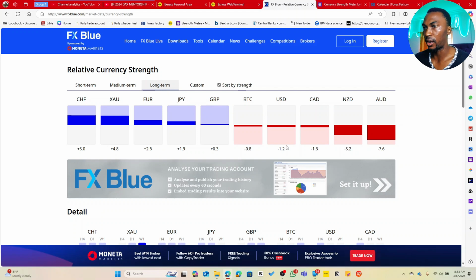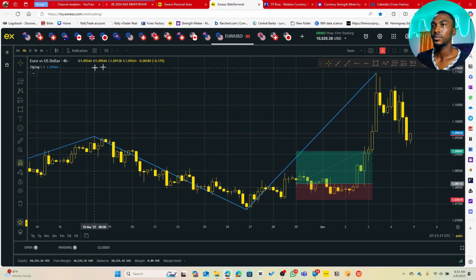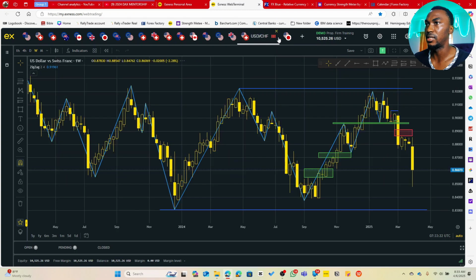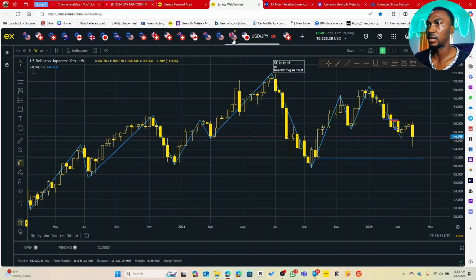You can see that they are not so far away. So you should be especially careful with this one. This you can actually release a little bit of care, and this you can also release a little bit of care. So let's focus on the British pound and Japanese yen. Now, British pound against the US dollar and the Japanese yen against the US dollar is the next target.